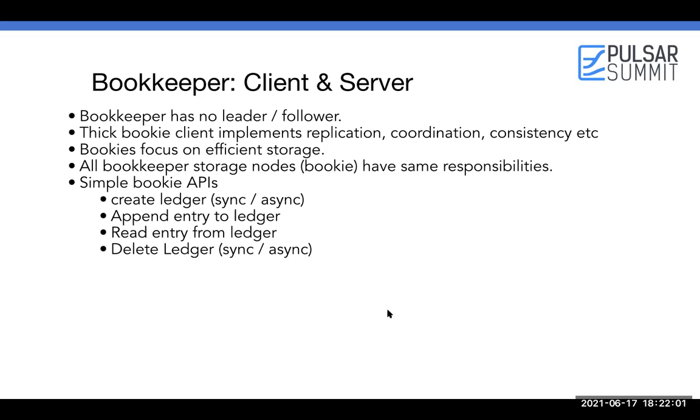And the Bookkeeper nodes actually have very simple APIs. You can write an entry to a ledger. You can create a ledger in a synchronous or asynchronous fashion. You can read an entry from a ledger. You can delete a ledger. You can't delete an entry in a ledger; you have to delete the ledger.